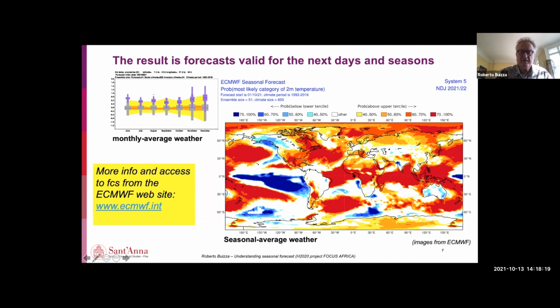In general, as you can see, there is a prediction of warm weather. On the top left panel, you see another type of forecast diagram. This is the distribution of temperature over a specific area. In this case, it is over, I think, Southern Africa, if I remember correctly.